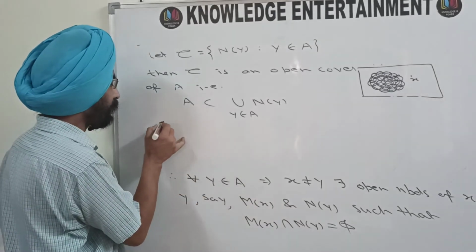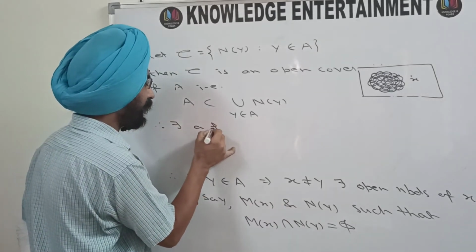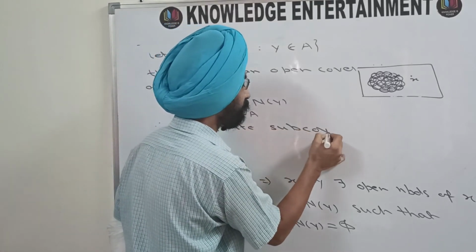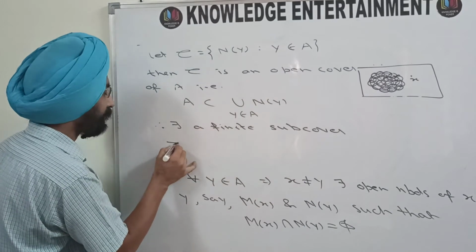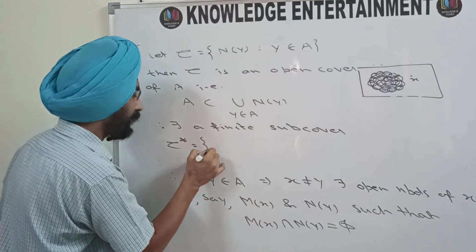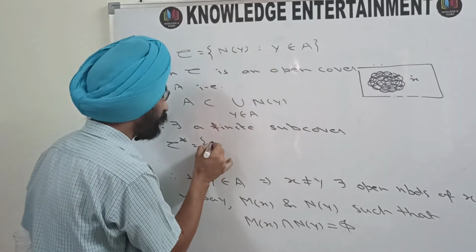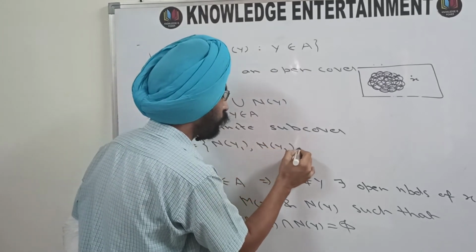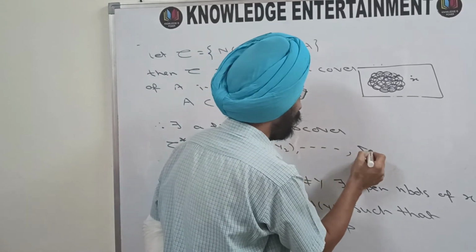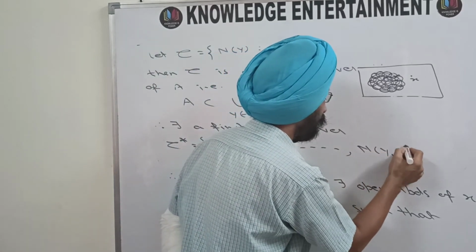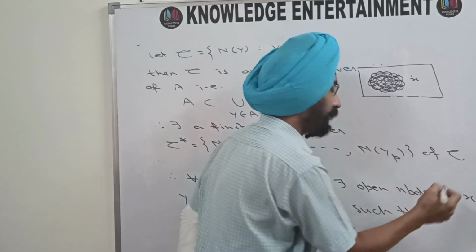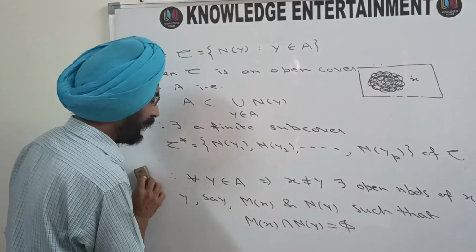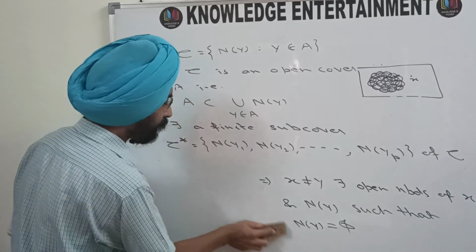So therefore there exists a finite subcover C star, and it will have some finite number of members Ny1, Ny2 and so on, say Nyp, of C. Since A is compact, an open cover of A will have a finite subcover.